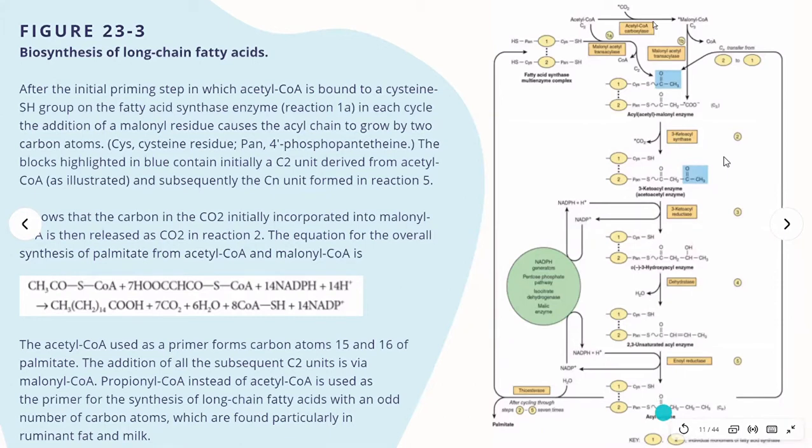First, we form malonyl-CoA, 3 carbons, and another acetyl-CoA, put them together. That will be 5 carbons. However, this decarboxylates, carbon dioxide is formed, so you will have only 4 carbons left. 1, 2, 3, 4.